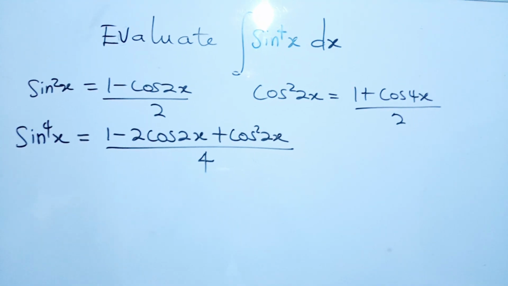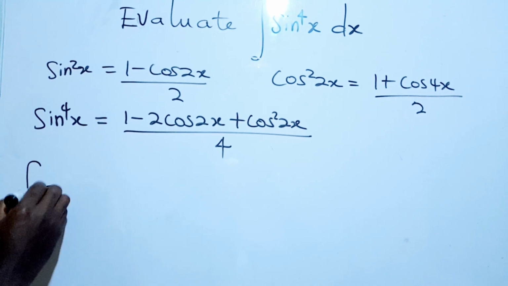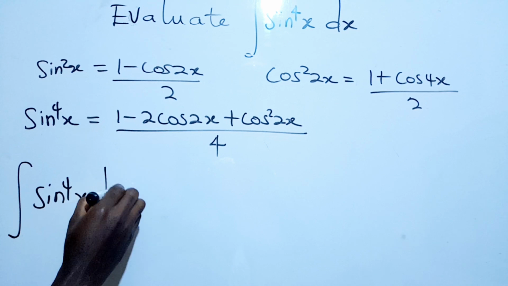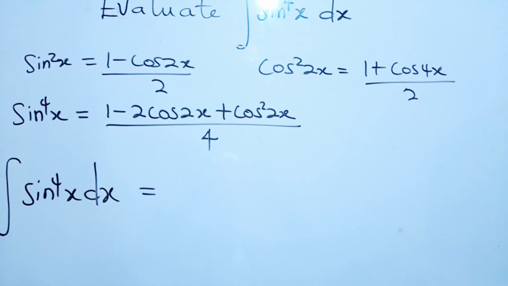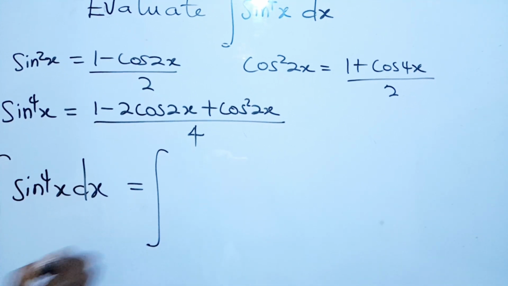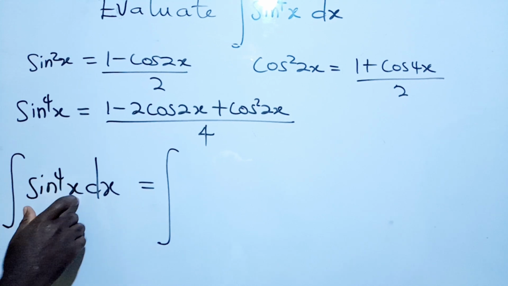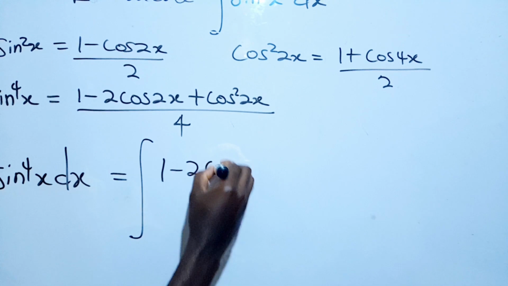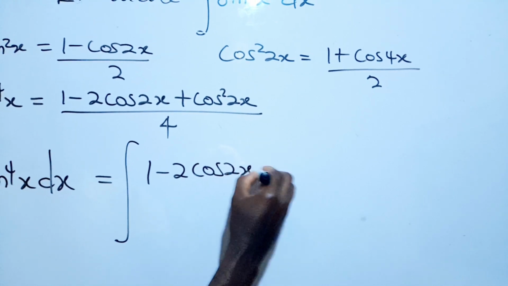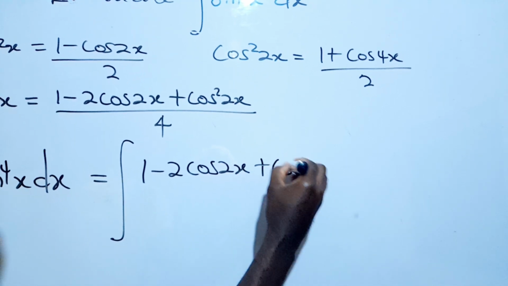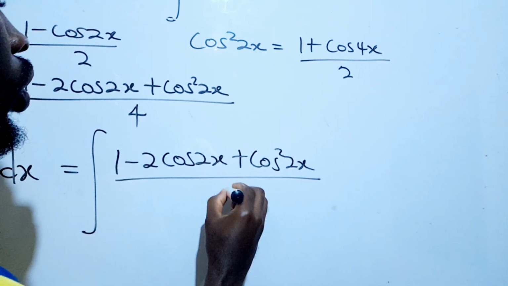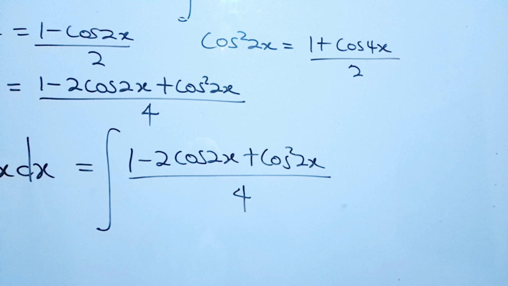So our problem, which is the integral of sine exponent 4x dx, will now be equal to the integral. In place of sine exponent 4x, we put that. We have 1 minus 2 cos 2x plus cos square 2x, and this all over 4, dx.